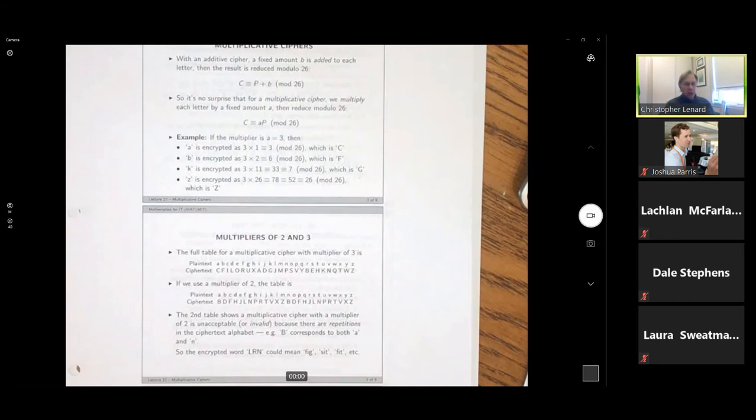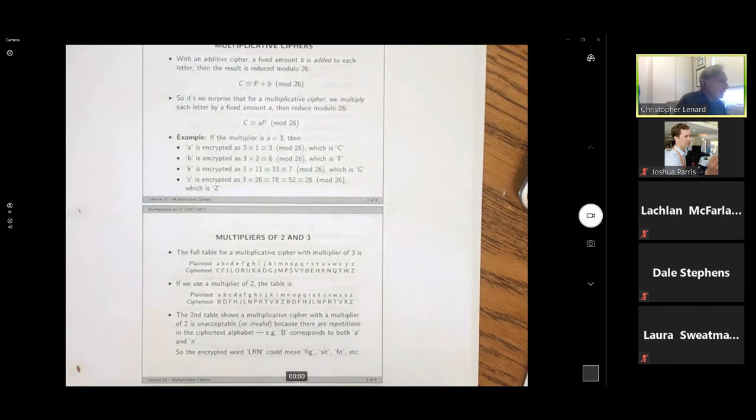If you added 26, you just get back to the same thing. So if your additive shift was 26, your plaintext character A would become ciphertext character A. There would be no change. If you added 27, that's just like adding 1, because 27 in the mod 26 system is the same as 1.